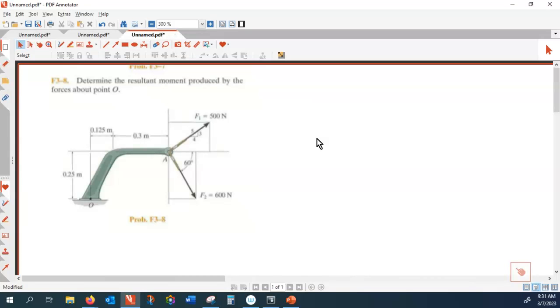Well, the first approach is we find out the moment due to F1, F2, and add them together. And adding them is not difficult because, again, two forces are acting on the plane. So the outcome would be either normal to the page out, or normal to the page in. So the outcome is either k or minus k.